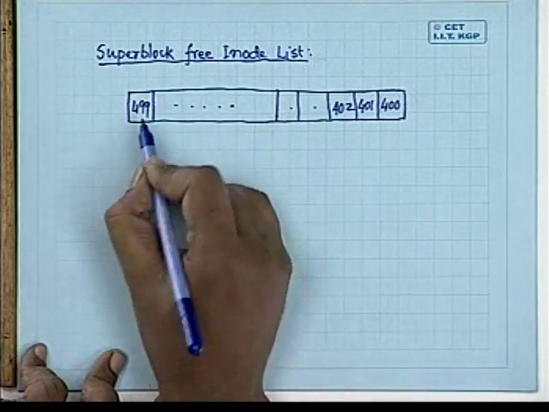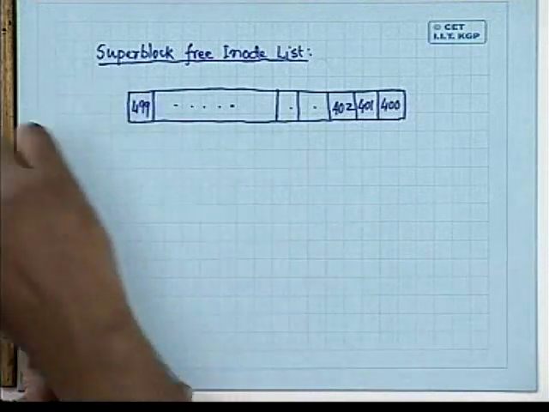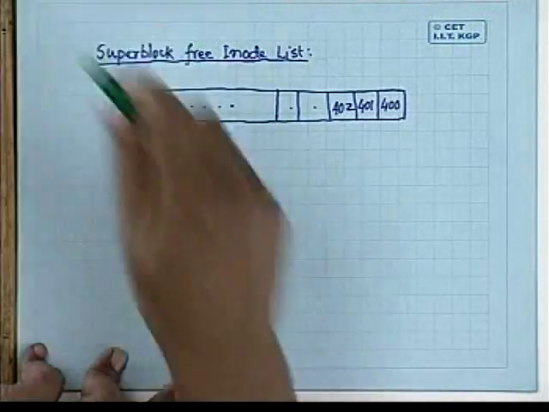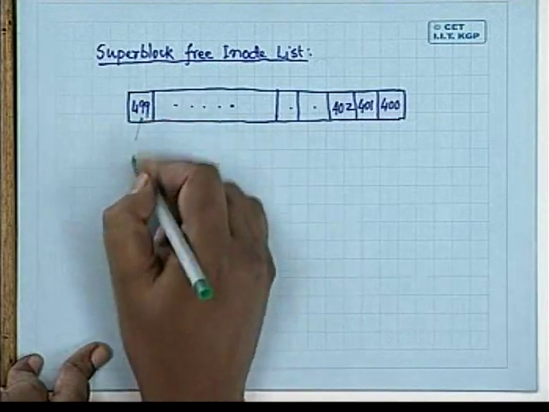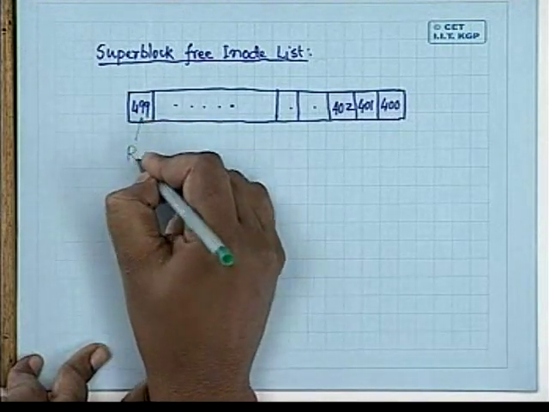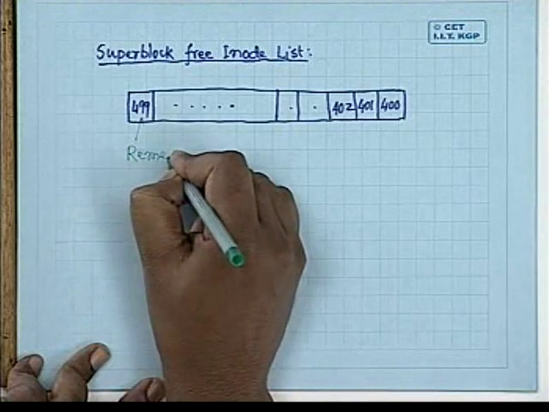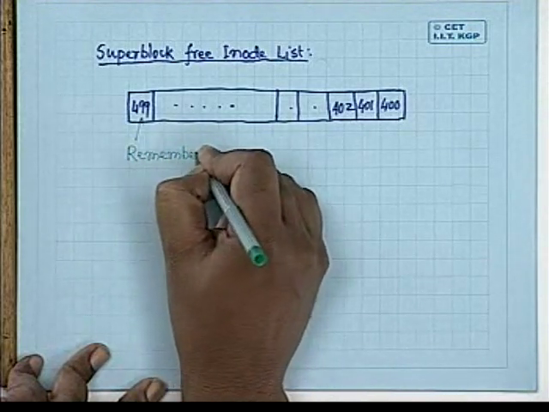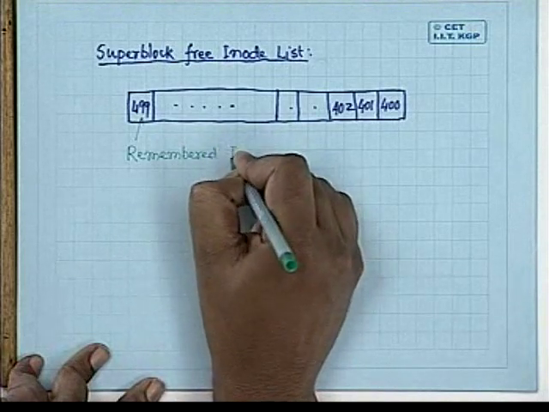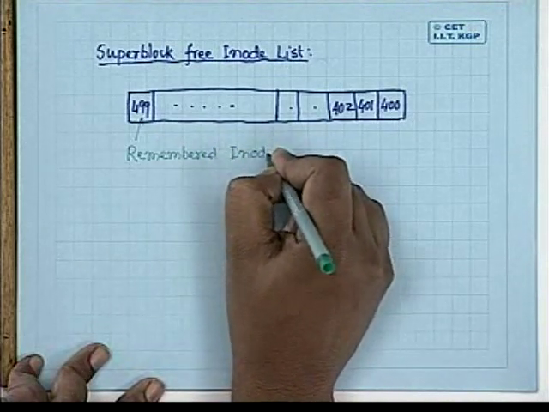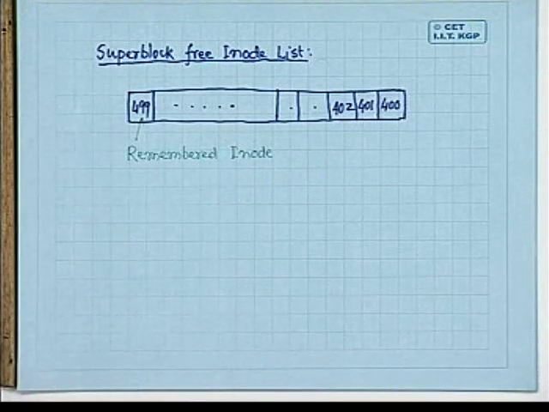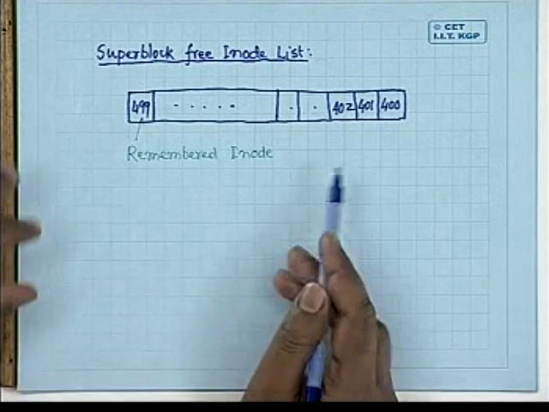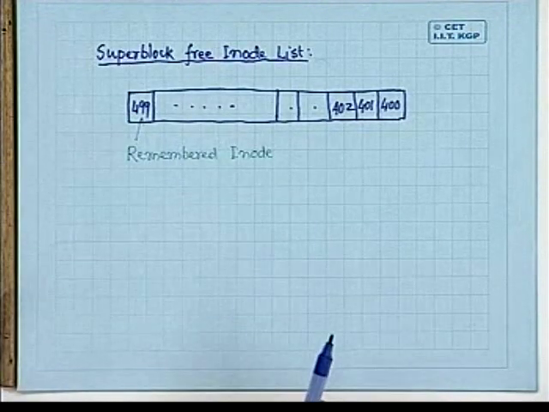Now out of this, the last inode, or highest numbered inode, is called a remembered inode. Simply because suppose I have a situation that all these 100 inodes have been allocated.